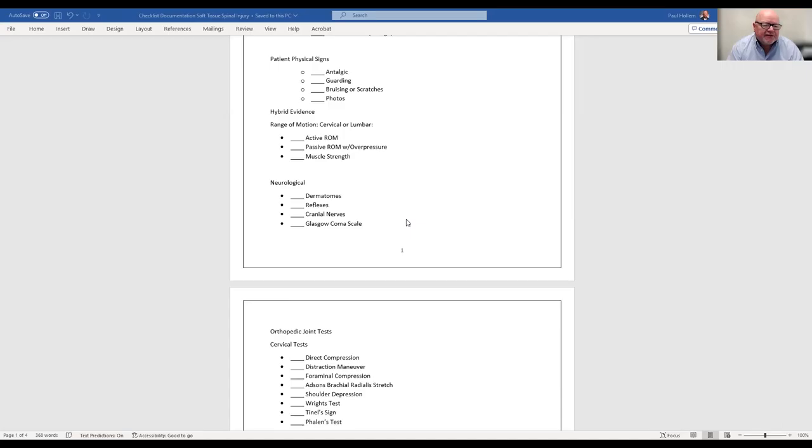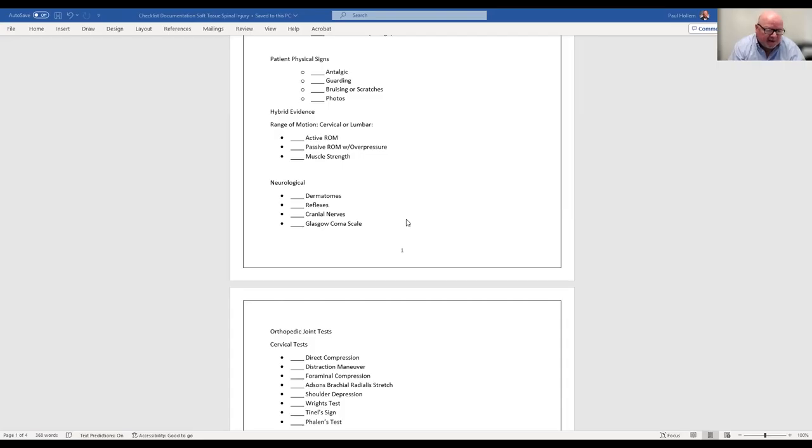Glasgow Coma Scale is interesting because this is going to go back to the mechanism of injury. And I'm sitting here going, wait a minute. We've definitely got a neck injury. We've identified it as a car accident injury. And we have lateral flexion malposition at the transverse ligament up high. And remember, that's a significant injury.